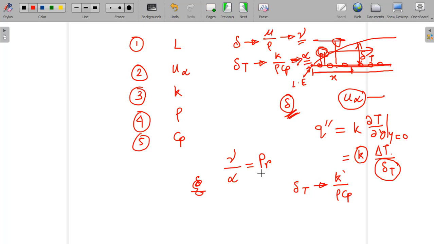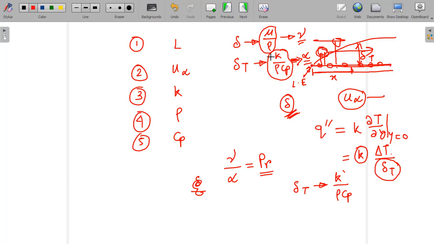So this fluid property is a dimensionless property, because if you just calculate the dimension, you will find that both have the similar dimension. Mu by rho and K by rho Cp have the similar dimension, and that is meter square per second.